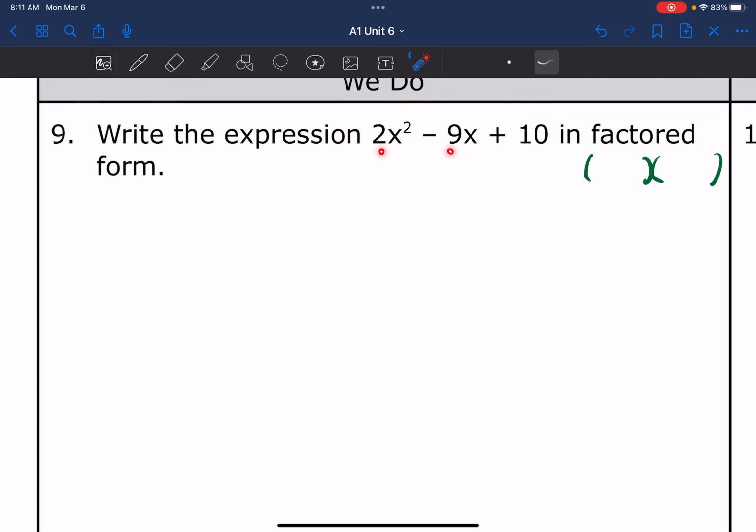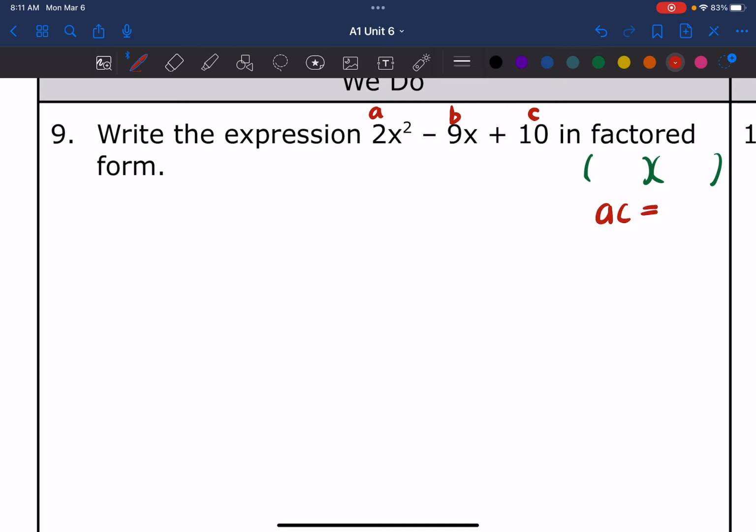So 2, 9, and 10. While 2 and 10 are even, 9 is odd, so there is no greatest common factor here. So we can go ahead and label it. 2 is A, negative 9 is B, and 10 is C. Always start by multiplying A times C.